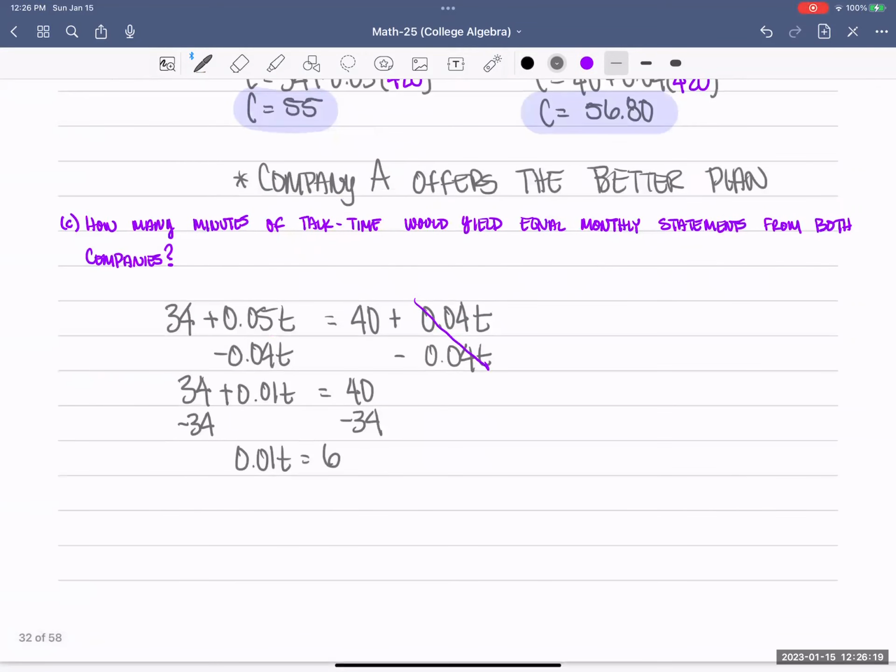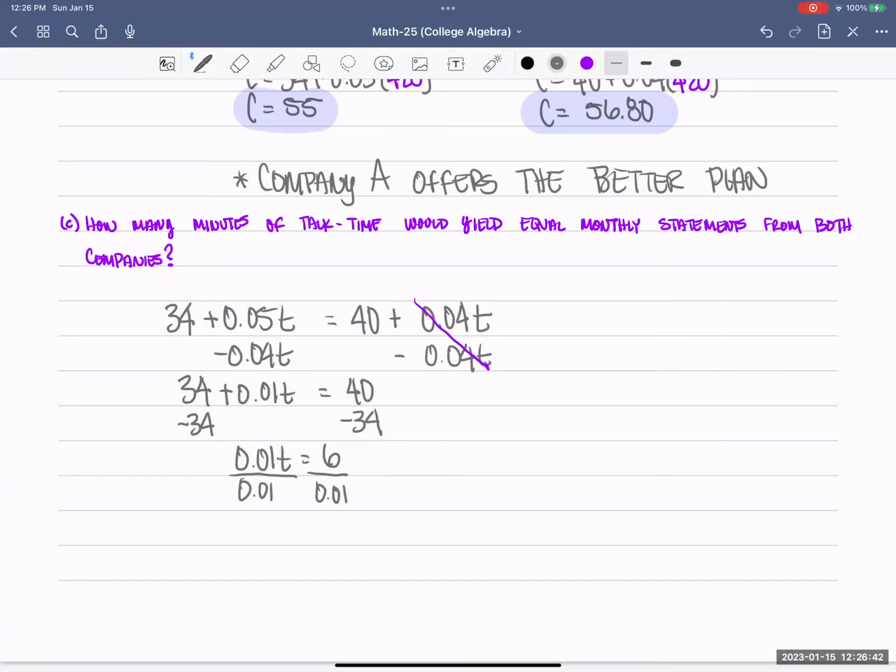And lastly, we could do one of two things. If we multiply this by 100, it's going to move this decimal over 2 places to get t by itself. Or if that seems a little weird, we could divide both sides by 0.01. I say dividing both sides.